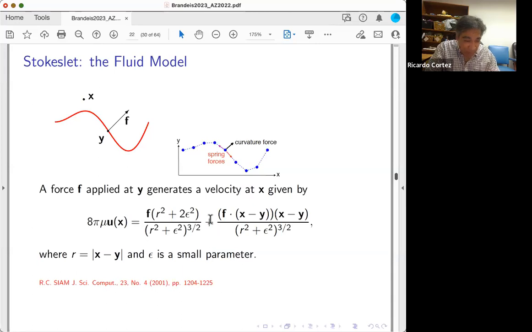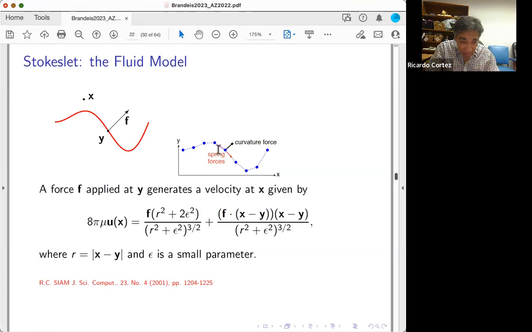I'm not going to say too much at the moment for the forces, but I need to figure out a way of computing my forces. So if I have a filament like this, and I think of it as a bunch of points connected by springs, then I can compute the forces based on the tension. If these springs have a resting length, then there's always a tension here.